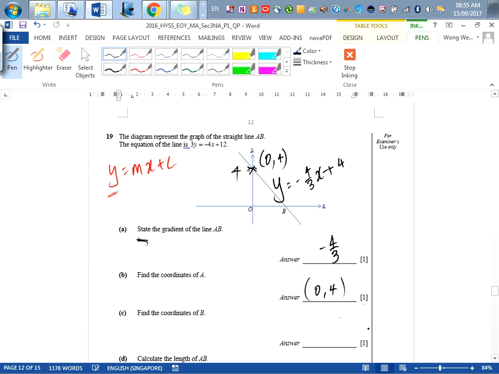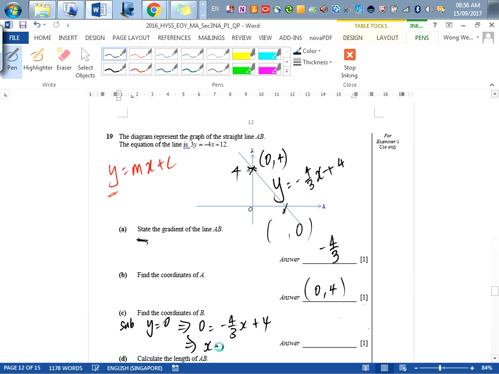Now find the coordinates of B. For B, which coordinate do you already know? 0, yeah. Because it is on my x-axis, isn't it? So my y value is equal to 0, so what's my x value? So I substitute y equals 0. Therefore, 0 equals negative 4 over 3 x plus 4.